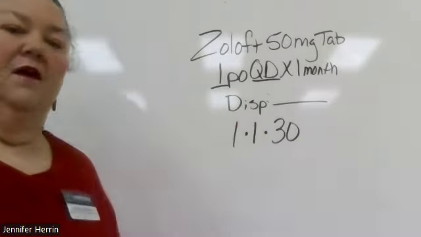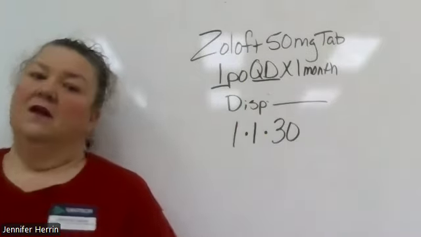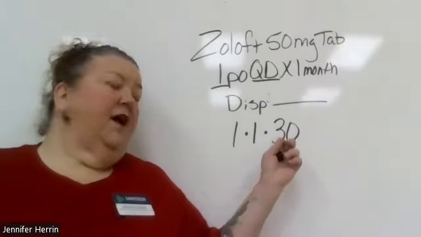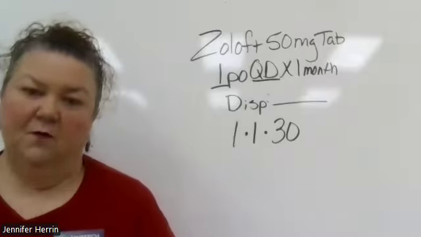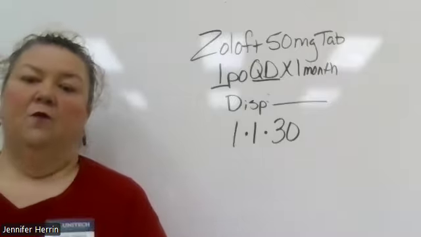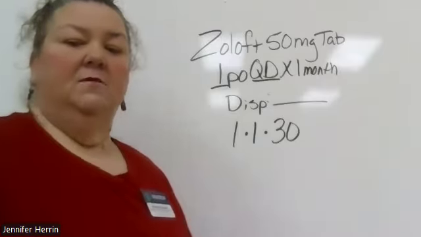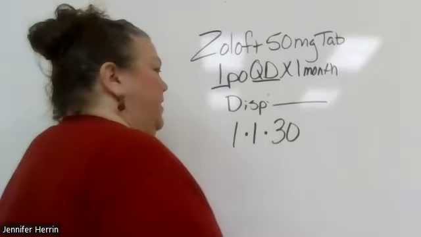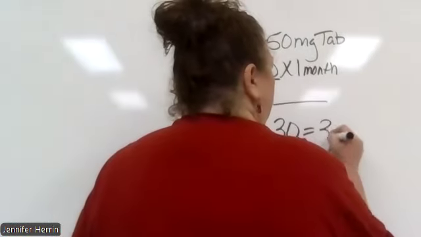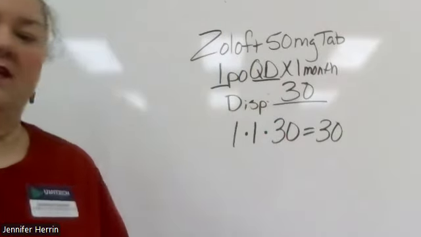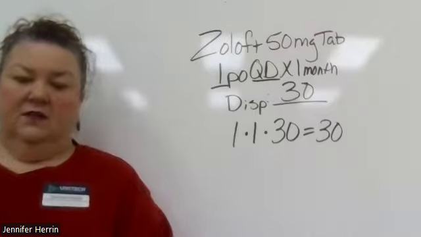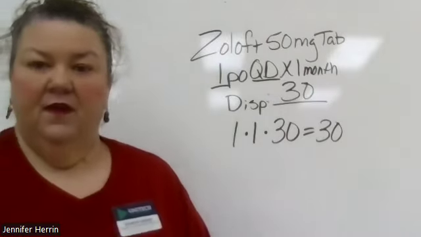That's just because every other month has 31 days, and the months that don't generally have 30. So it kind of works out to an average. And so that is why we tend to use 30 for our 1 month number. So 1 times 1 is 1. 1 times 30 is 30. Which means we would need to dispense 30 pills to satisfy that order.